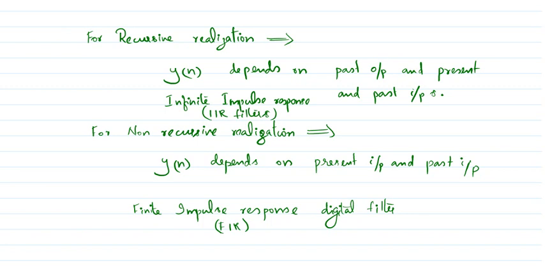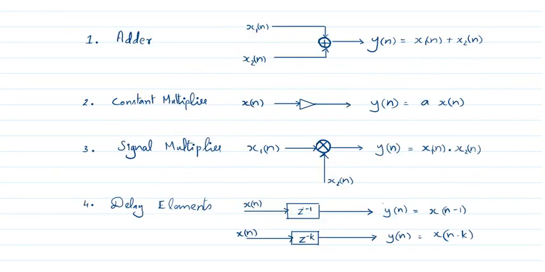So now we will see the different techniques to realize digital filters. Mainly we require operations like addition, delay and multiplication by a constant for doing this realization in digital filters.